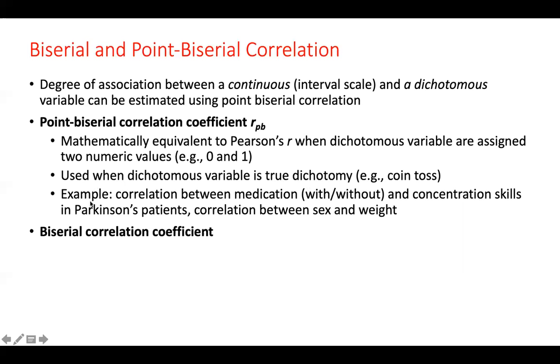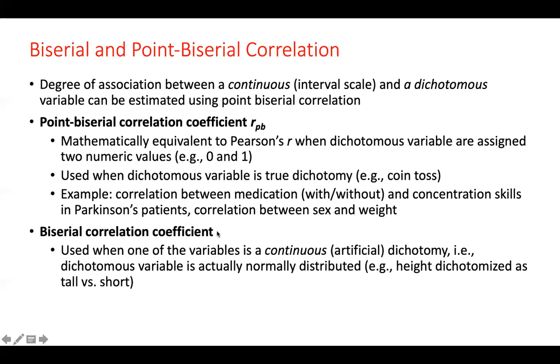Other examples besides the one I gave you, the overall test score and the response to a particular item, are the correlation between medication, patients on or off medication, and concentration skills, or the correlation between sex and weight. Assume that sex has binary coding, so it's a dichotomous variable. That is a case where biserial correlation is most appropriate, right?